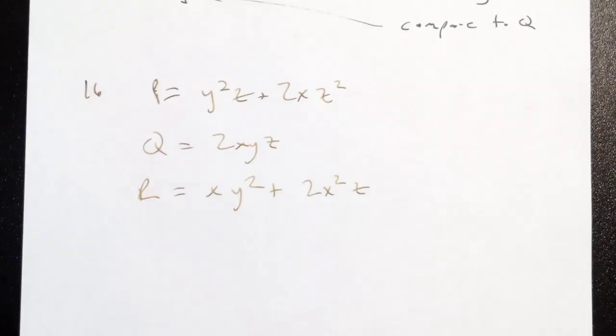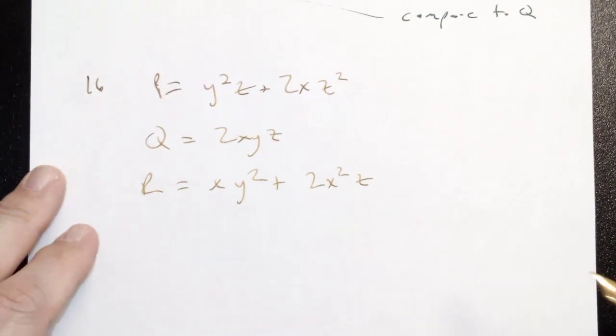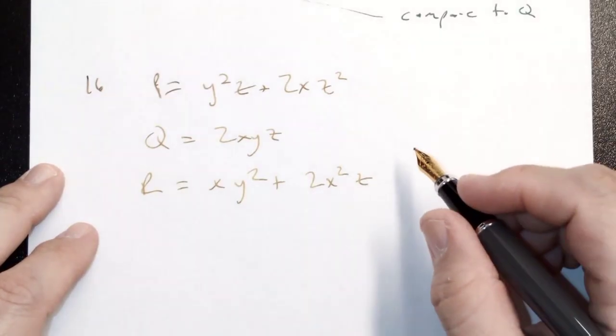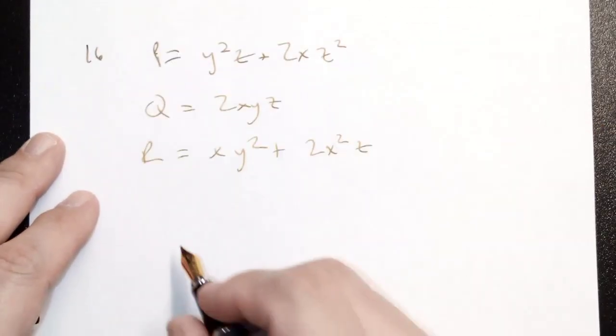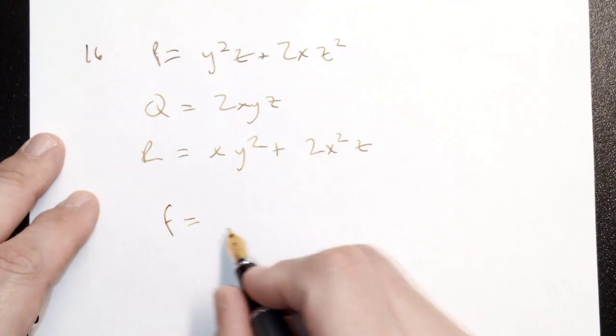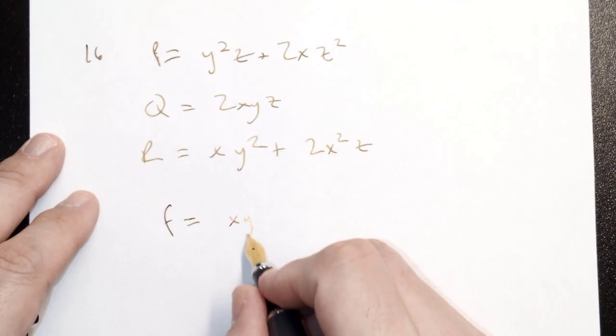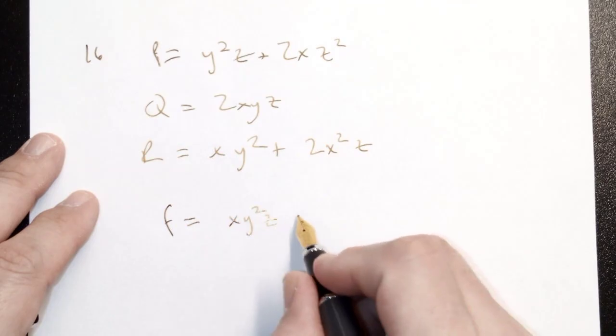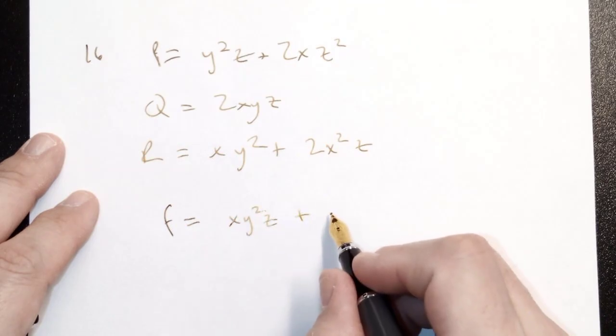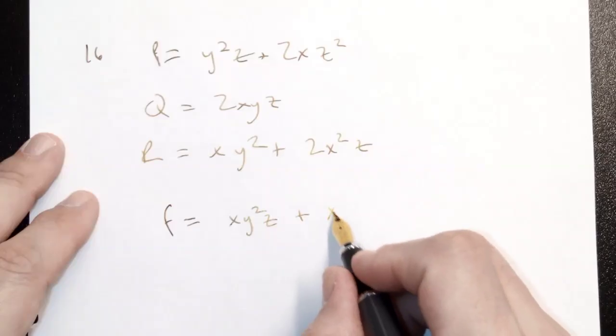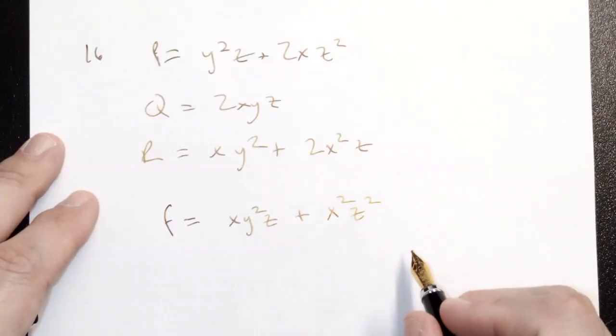Three, all three have x, y, z. And then two have x and z. And then there's nothing else. Okay. So I say to myself, again, I'm making the assumption you got x y squared z plus x squared z squared, I think.